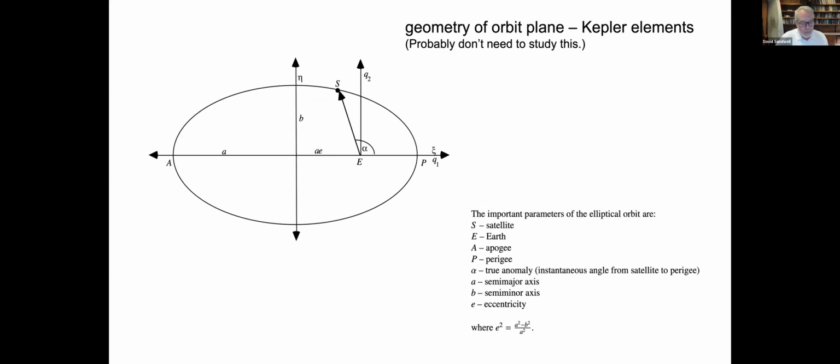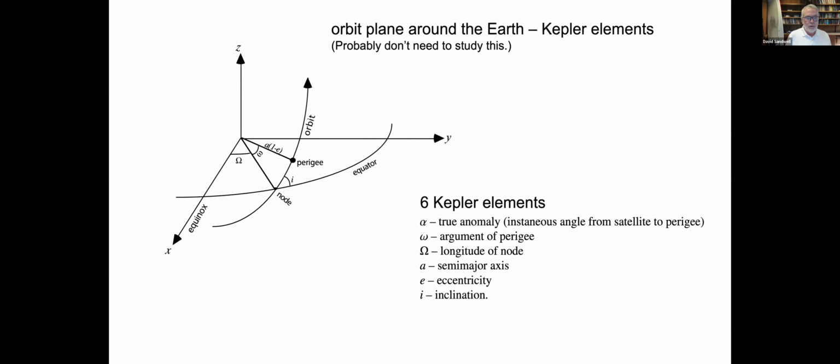Okay, there's two ways to describe orbits. One way is to use these things called Kepler elements, and I'll briefly discuss them, but you don't need to know this when you're processing InSAR data. This involves knowing things like, here's the Earth, here's the satellite, there's an angle between the satellite and the Earth. Most of these orbits are elliptical, so they have an apogee and a perigee. Three of these numbers are three of the Kepler elements. And then you have to take the satellite orbit and put it into an inclined orbital plane around the Earth.